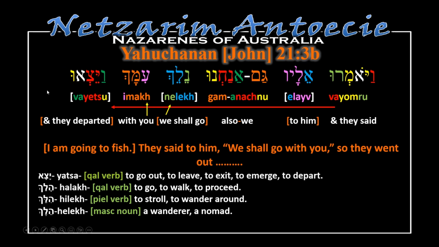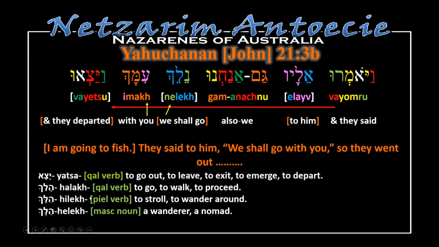Vayetsu, and they departed. And if we look down here, we have yatsa, which is a col verb to go out, to leave, to exit, to emerge, or to depart. So I've used depart here. And of course, halak we know as being a col verb to go, to walk, to proceed.